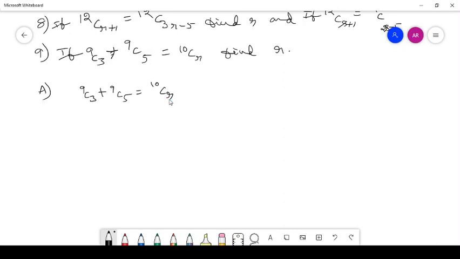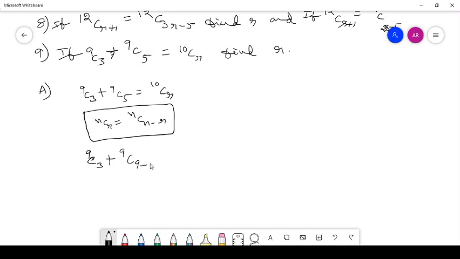Here we are using the result nCr is equal to nC(n minus r). Now 9C3 plus 9C5 can be written as 9C(9 minus 5), is equal to 10Cr. 9C3 plus 9C4 is equal to 10Cr.